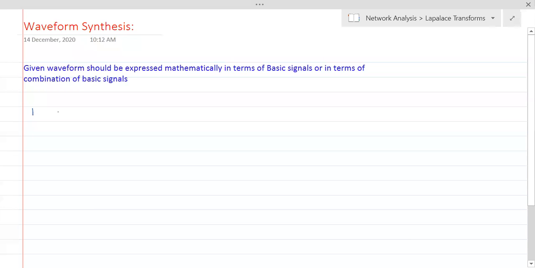The problem is this: they're asking us to express, everybody take down this, express the current pulse I of t in terms of unit step function.